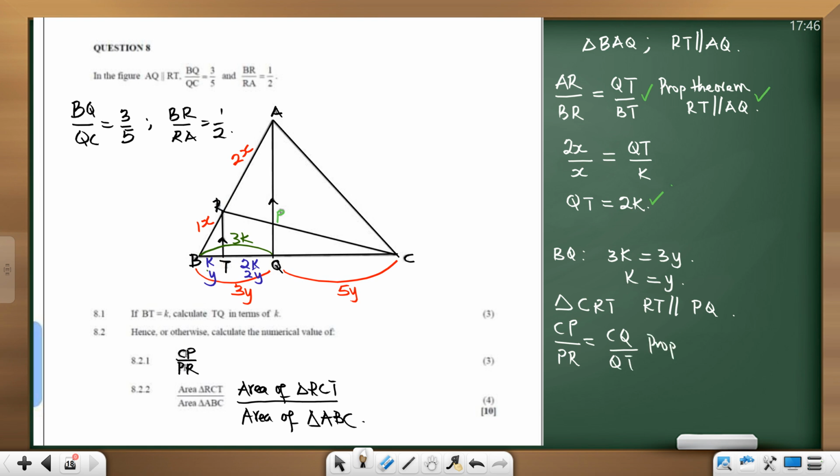QT. What's your reason? Proportionality theorem. RT parallel to what? PQ. So what is CP over PR? What's our CQ? 5y over what? 2y. Can I just write 5 over 2 because the y's cancel now?